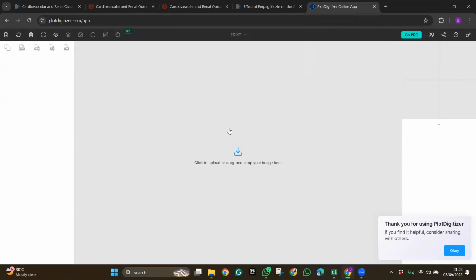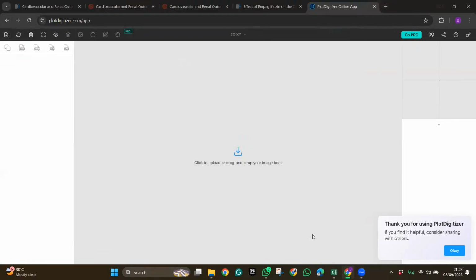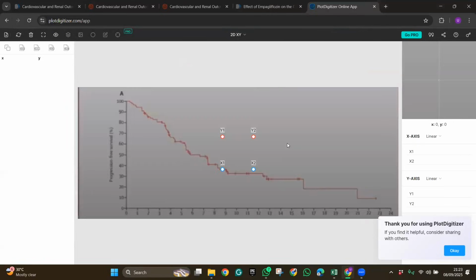After that, go to the Plot Digitizer. Click on this button. Do you guys see the arrow? Click on it. Now you can upload the screenshot of the graph which you took from the study. Let's say it's this one. Is everyone following me up till here?